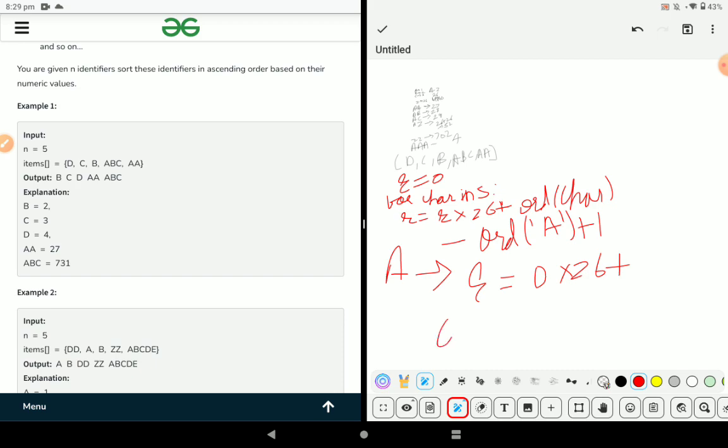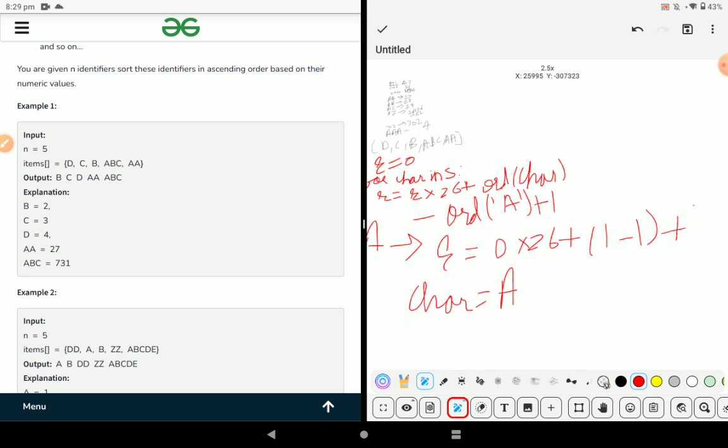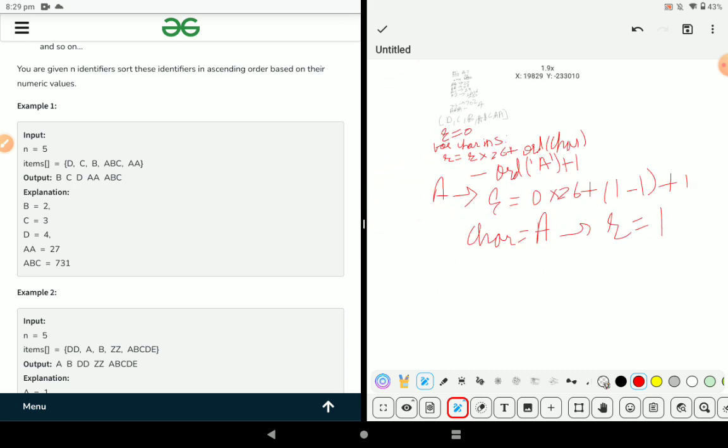Our char is A, so it will be 1 minus 1 plus 1, so our result will be equal to 1.